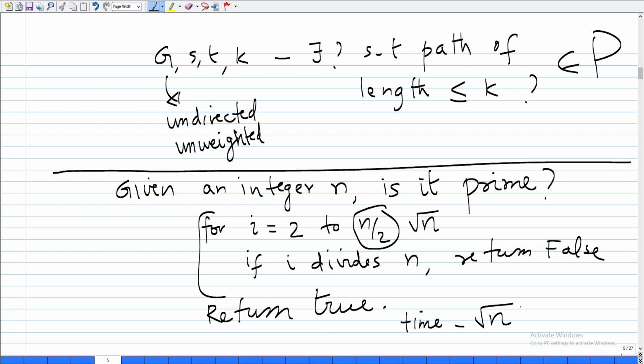Why? Let us look at the size of an encoding of n. What is the size of a binary encoding of n? If I write n in binary, how many bits do I use? Log n. Okay. So, my input size is not n, my input size is log n, right.